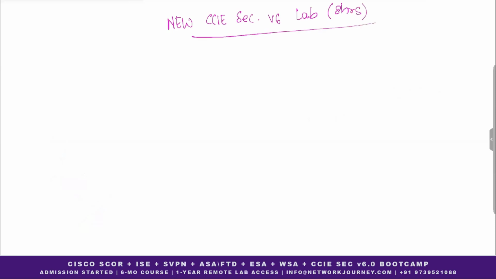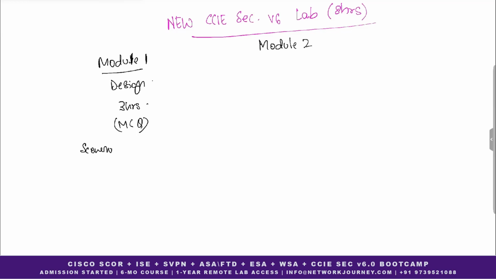Now this is divided into two blocks, Module 1 and Module 2. Module 1 is the design paper. It's a 3 hour paper and it's in MCQ format. There would be scenarios. Let's say scenario one, the enterprise is doing this and that, his IP is this, he's getting a security threat, and then you have questions based on that scenario.